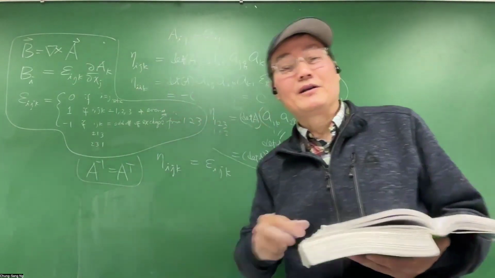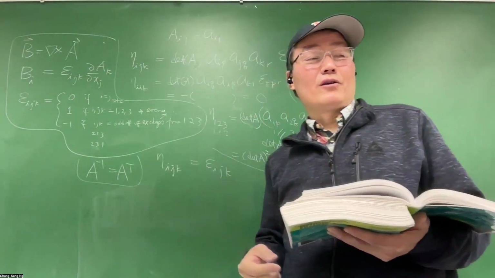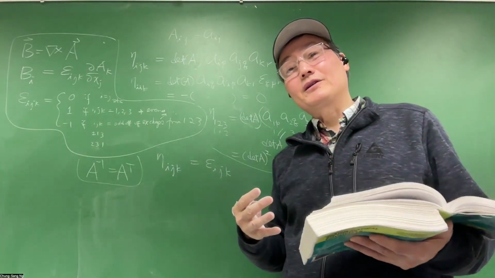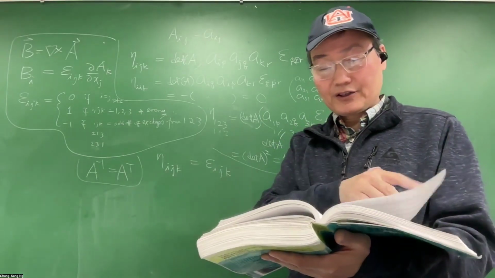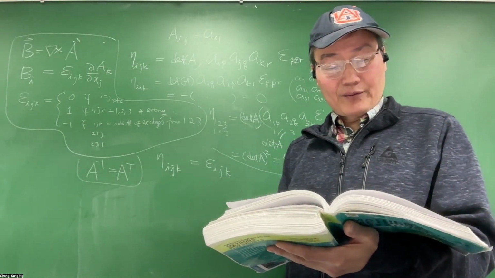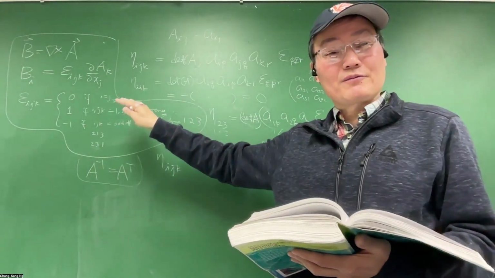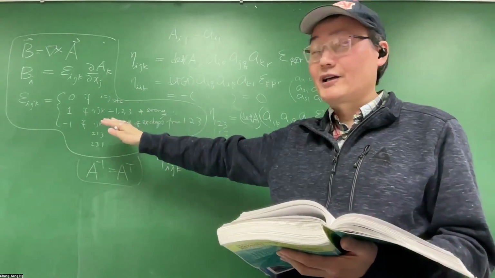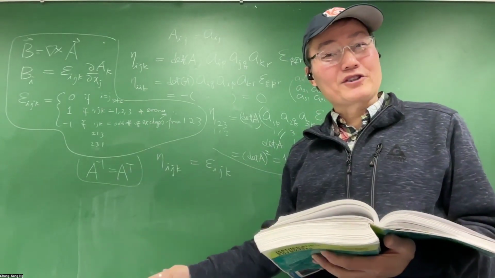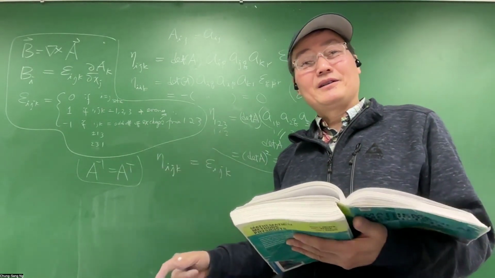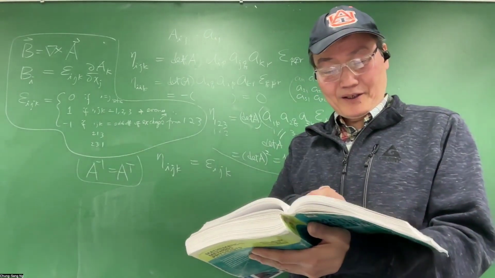We define the curl, and also we define the cross product. The cross product also involves epsilon. So there are many situations that involve the epsilon. So if we write a physical law involving the epsilon, we better make sure that this one has the proper transformation property. Otherwise, the physical law will change according to the transformation. So that is not good.